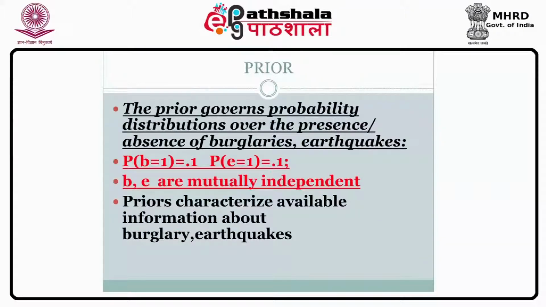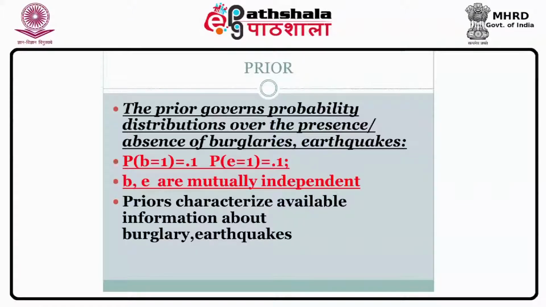The prior distribution, for the parameter theta, governs probability distributions over the presence or absence of burglaries or earthquakes. The prior idea comes from some previous study that the probability a burglary occurs is very little, 1%, so 0.1, not 1%, it's 10%.